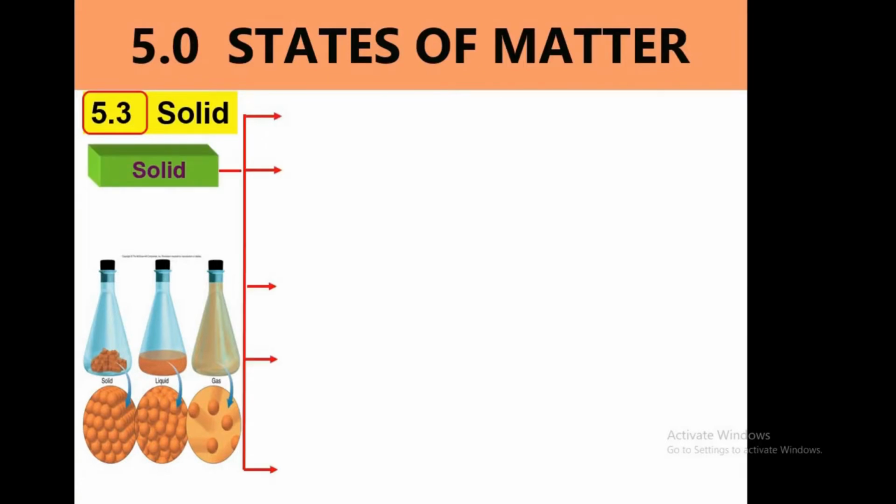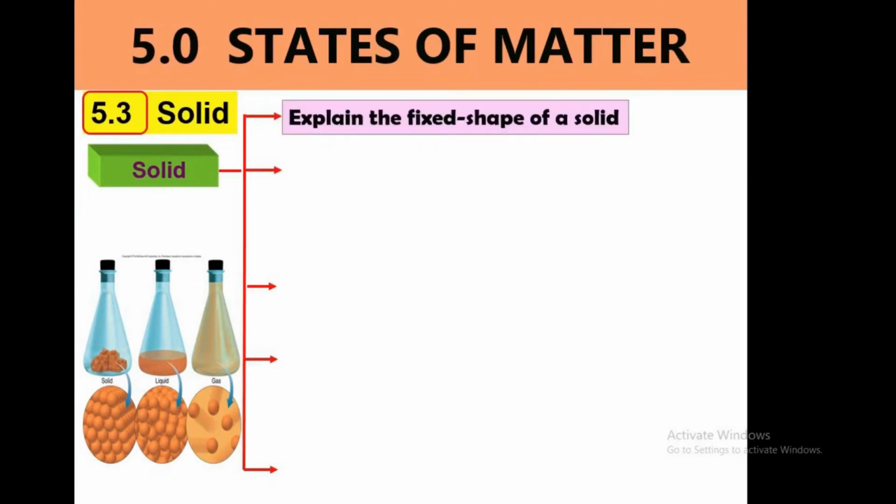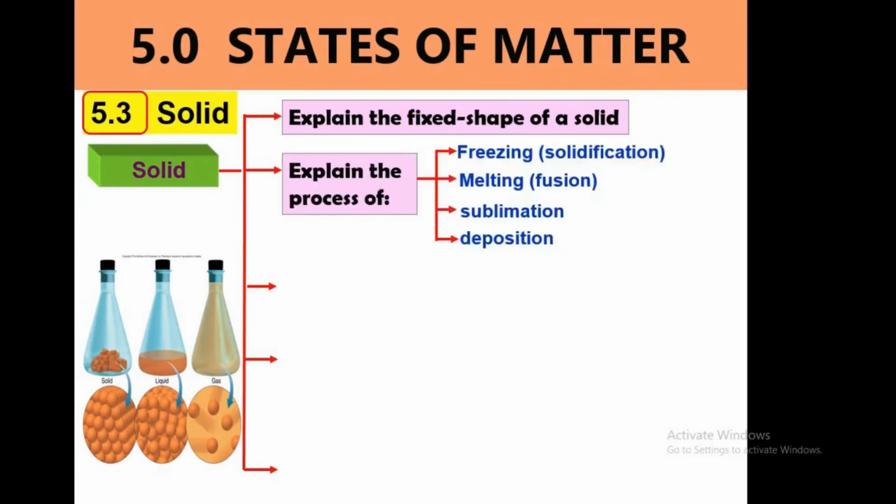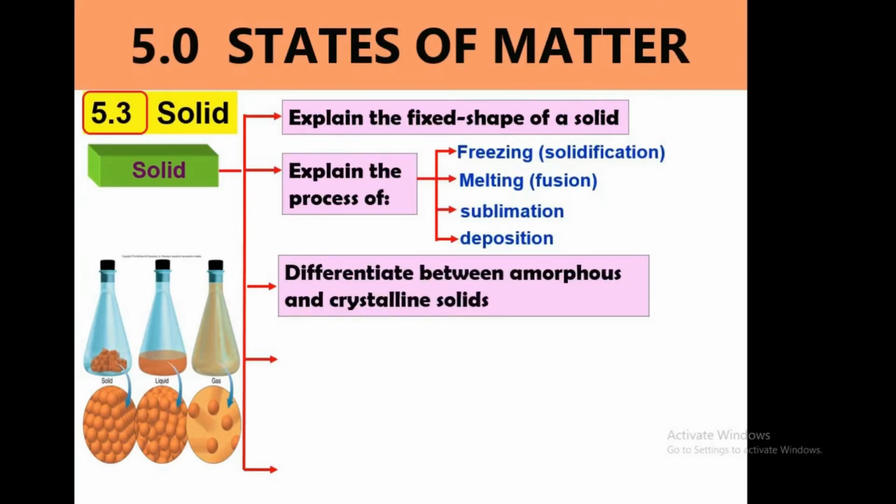There are 5 learning outcomes for this subtopic. At the end of this subtopic, you should be able to explain the fixed shape of a solid. Next, explain the process of freezing, melting, sublimation and deposition. The third one, you should be able to differentiate between amorphous and crystalline solids.